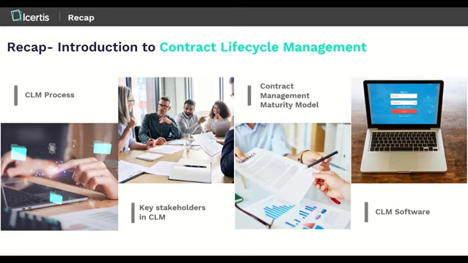Additionally, we emphasized the advantages of using CLM software. Gaining a comprehensive understanding of CLM is crucial for successfully navigating buy-side and sell-side contracting processes. Furthermore, it empowers organizations to unlock the full potential of their contracts.